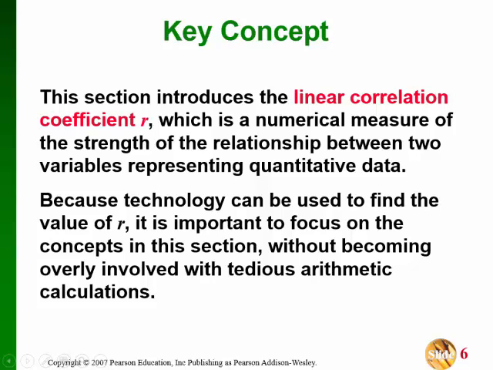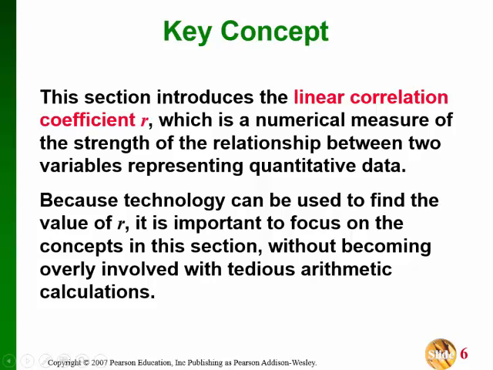Sometimes we'll just call it the correlation coefficient because we know in this chapter that all we're going to study is linear stuff. And that number quantifies, which means it gives you a number to figure out how much of a linear relationship you have between the two variables we're looking at.